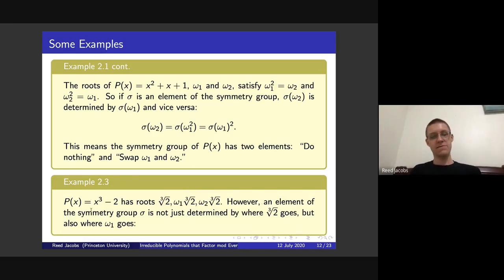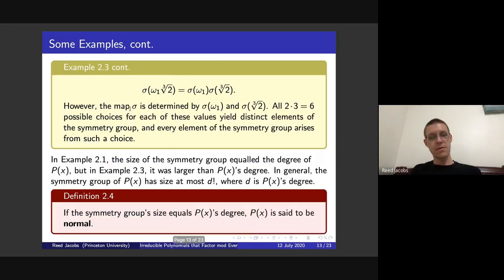However, an element of this symmetry group is not just determined by where it sends cube root of 2. Because, for example, sigma of omega 1 cube root of 2 equals sigma of omega 1 times sigma of cube root of 2. So to know where this goes, we also have to know where sigma of omega 1 goes. It's not enough to only know that.